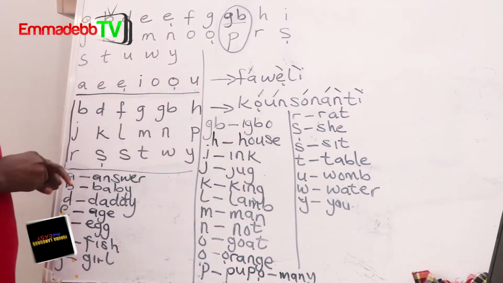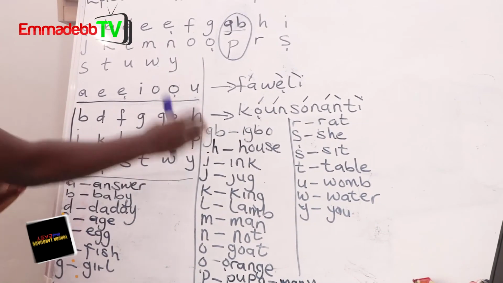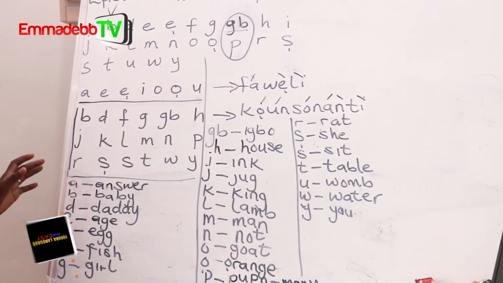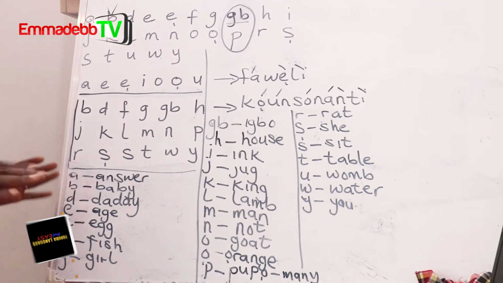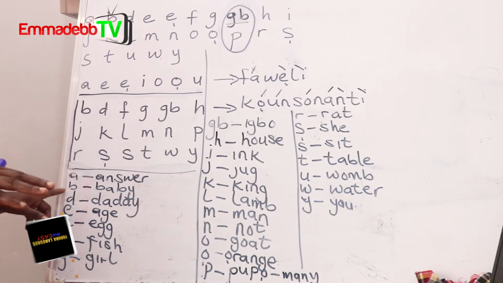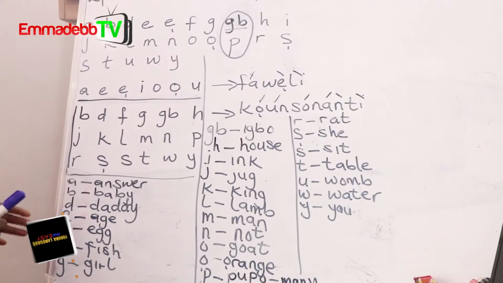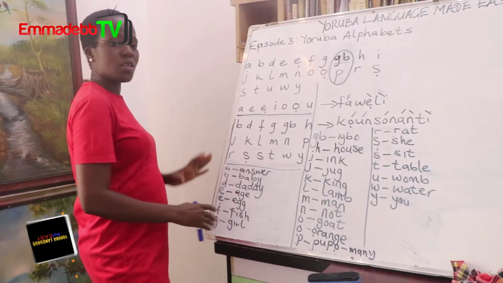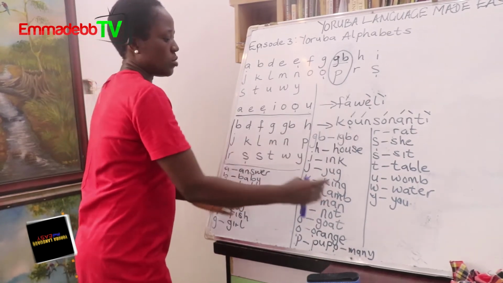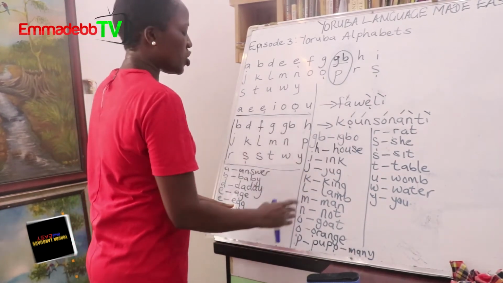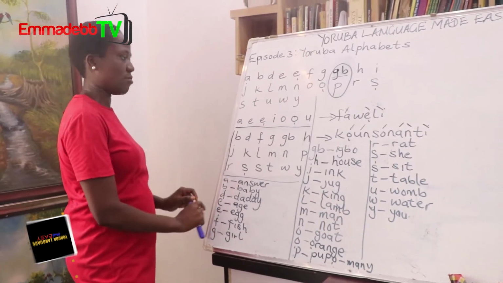So don't say, but we are learning Yoruba and you are giving us English examples. I gave us these English examples so that we'll be able to pronounce them. Some of them are pronounced the way we pronounce them in English language, like B in Yoruba is also pronounced as B in English. When you look at these examples I wrote at the front of each alphabet, I believe it will be easy for you to pronounce the sounds.